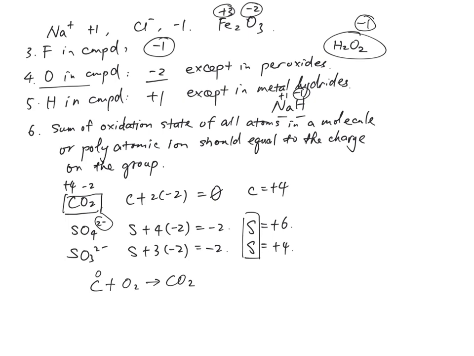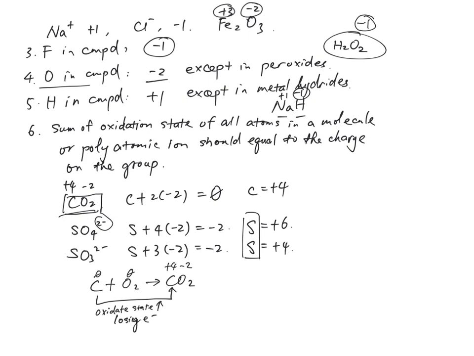Oxygen O2 is also a free element, so both have 0 oxidation number. And in carbon dioxide, we just figured carbon has +4, oxygen has -2. So let's see. Carbon went from 0 to +4. What does that mean? For carbon, the oxidation state increases. Increase means losing electrons.